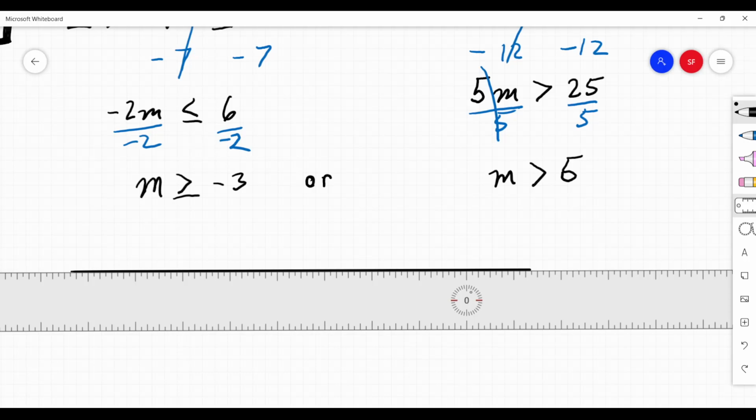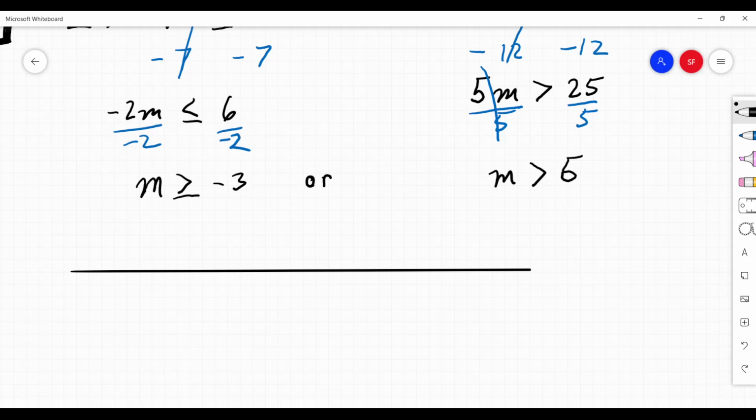So for the first one, put a 0. Then 1, 2, 3, positive 1, 2, 3, 4, 5. For the first one, it's greater than negative 3 or equal to, so this gets filled in.